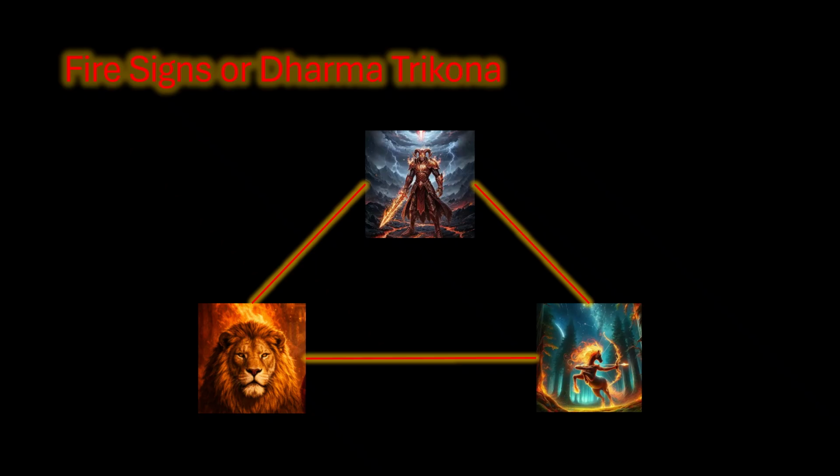Remedies include Surya Namaskar, humility, and sun worship. The sole purpose is to lead and create without arrogance. Leo Karakamsa Lagna produces rulers, in these days, artists or spiritual leaders.